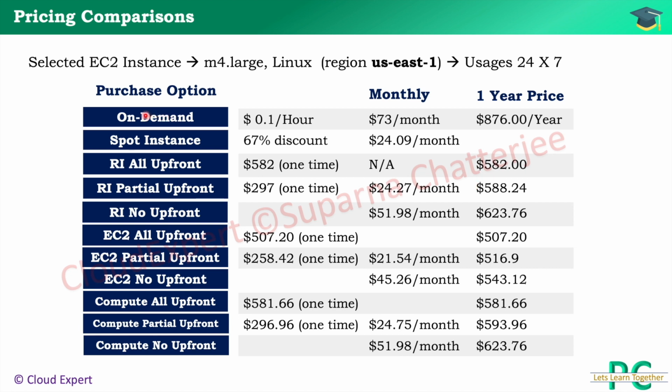From this table, you can understand that based on the selection of purchasing option, I end up paying a different amount, although I am using the same virtual CPUs and RAM and the usage pattern is also the same. Now this table is just to give you an idea how your EC2 instance pricing can vary based on the pricing comparison. So based on your use case, please select the pricing option which is appropriate for you and you can see a good discount at the end of the month.